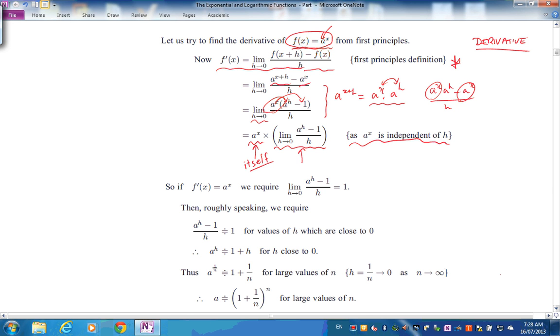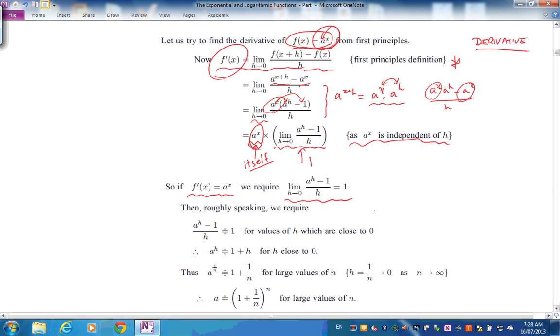Is it possible that the rate of change of a to the x is itself? What would this have to be? This would have to be 1, wouldn't it? So if you wanted the rate of change of the function to be exactly equal to itself, we'd have to have this. I wonder if that's possible. That would be a really interesting little function, that dude. A to the x whose derivative was itself.